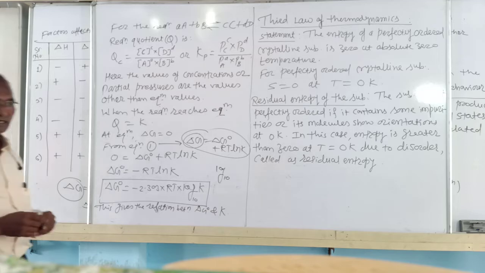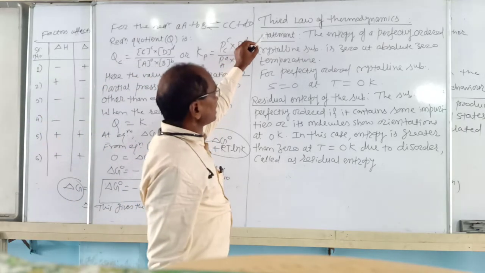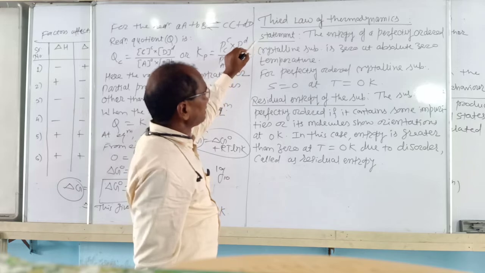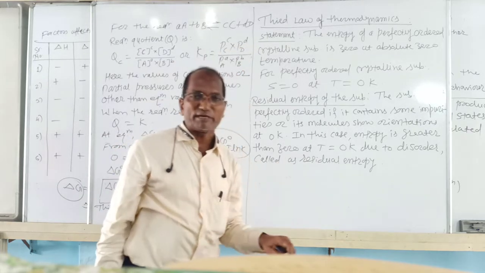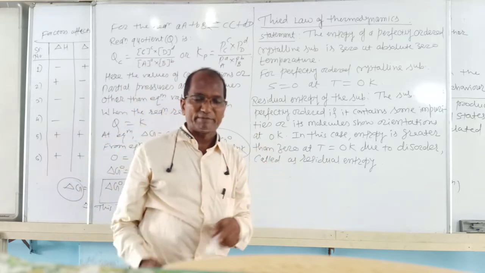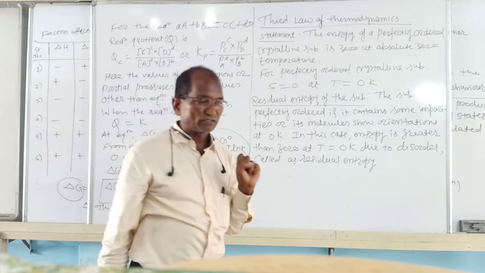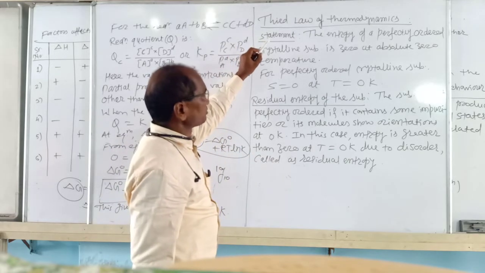Then we see the last unit of this topic, the third law of thermodynamics. We have seen the first law of thermodynamics, five different statements of the first law. Then we have seen the second law of thermodynamics, there are 2 statements of the second law. And then we see the third law of thermodynamics.